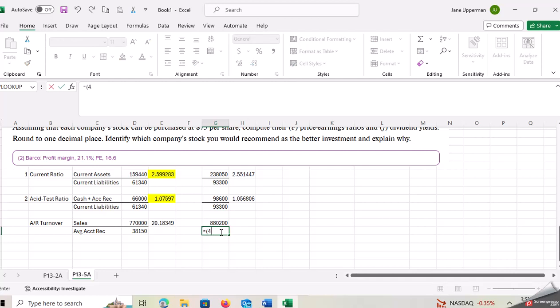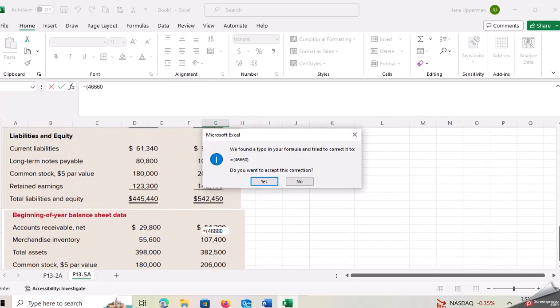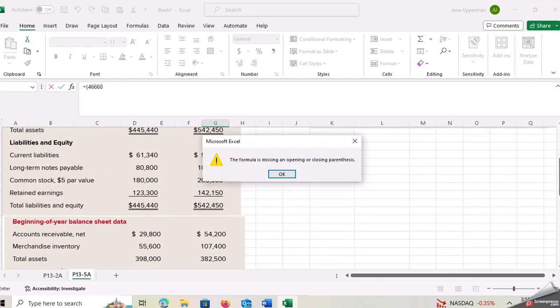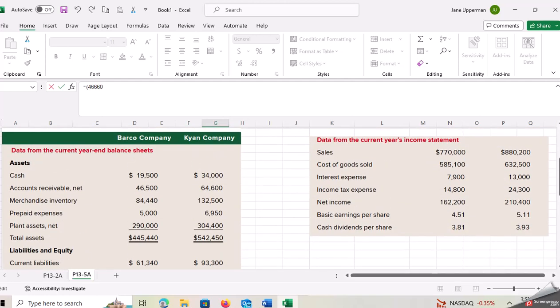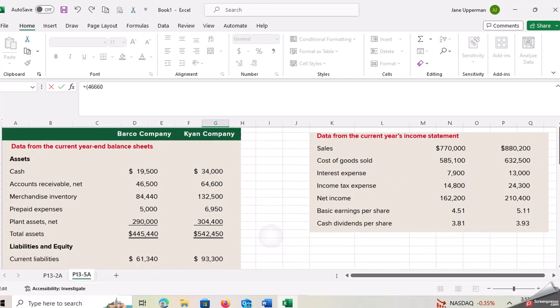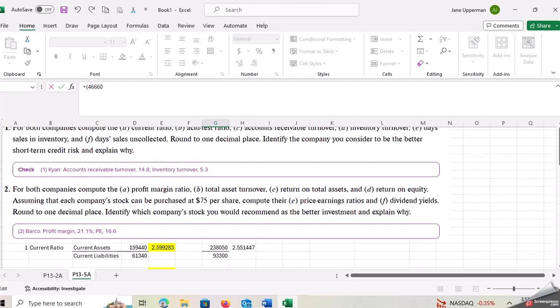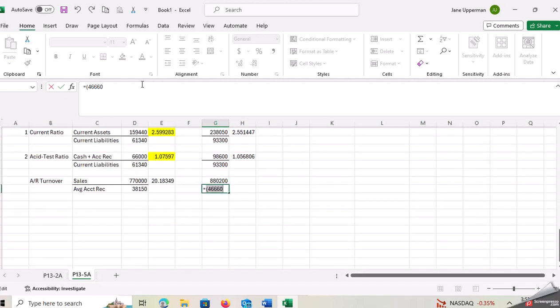So 64,600, sorry, I had that reversed. 64,600 plus 54,200, add those first, and then divide them by 2 to get the average.